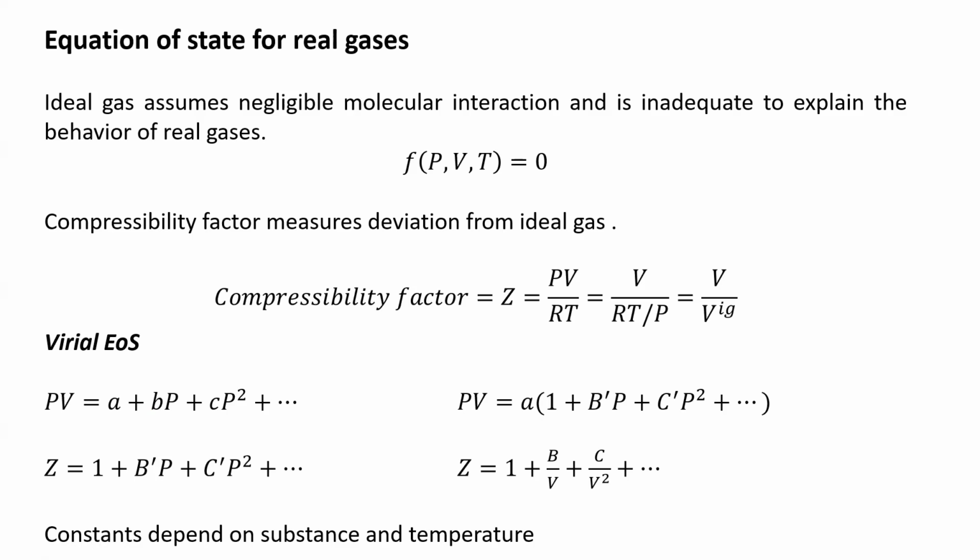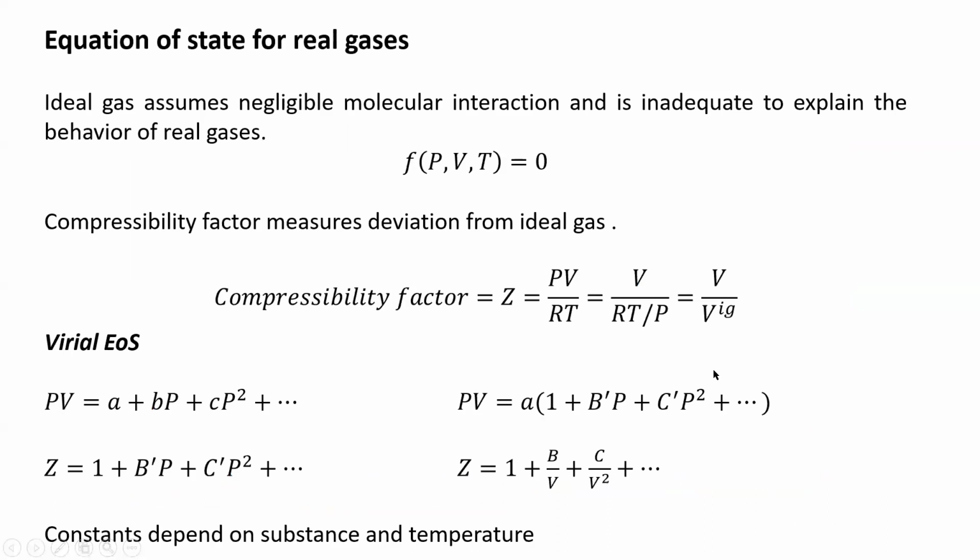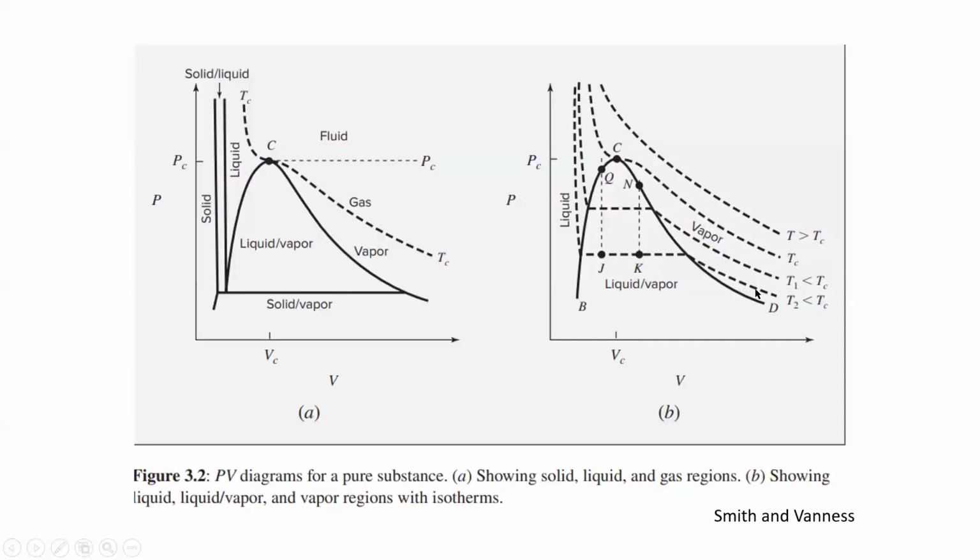We saw in the last graph that this slope is slowly changing. So the product of pressure and volume will depend on the pressure: at a given pressure the product of P and V is one value, and at a different pressure it is different, right?